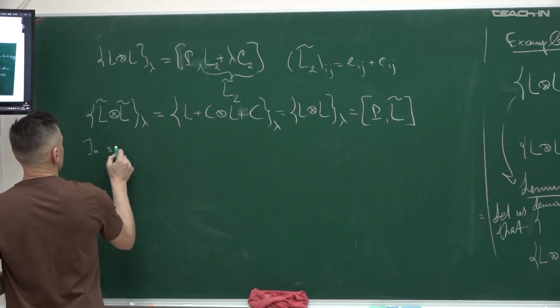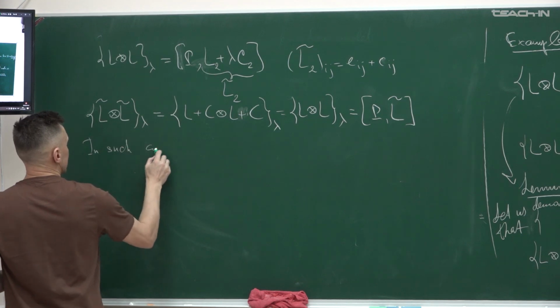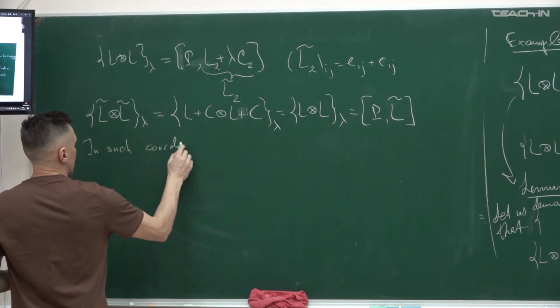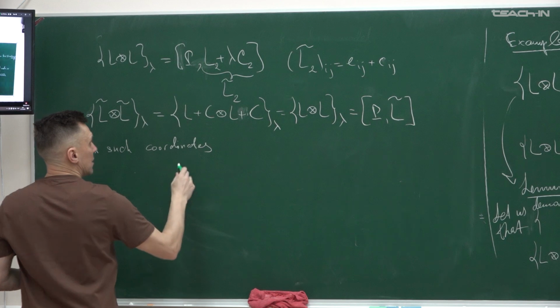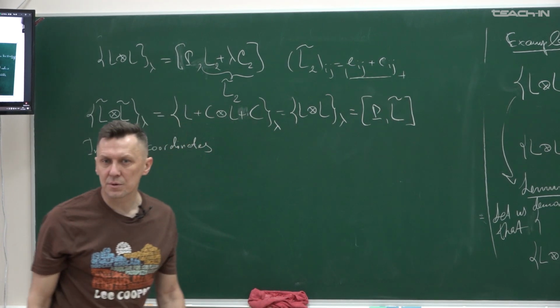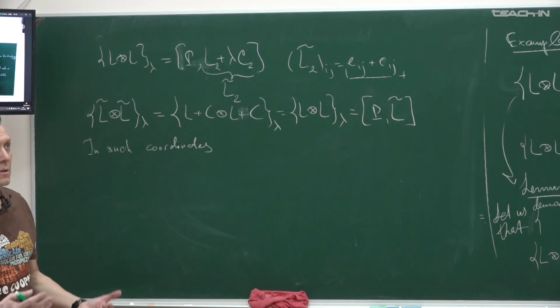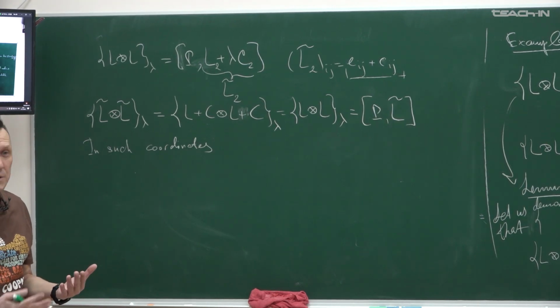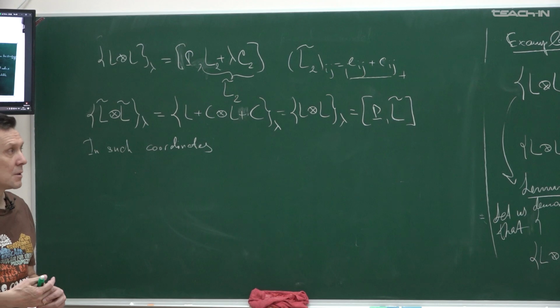And such coordinates. So you see, we have just introduced another coordinates on another linear generators of the same Poisson algebra.